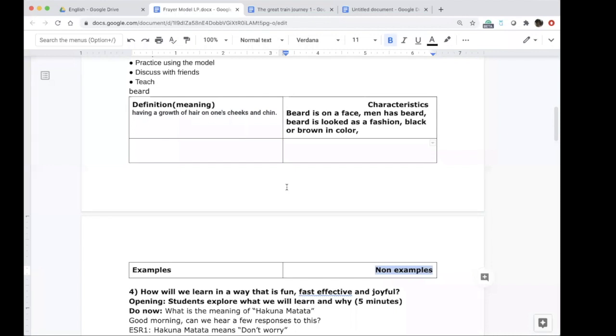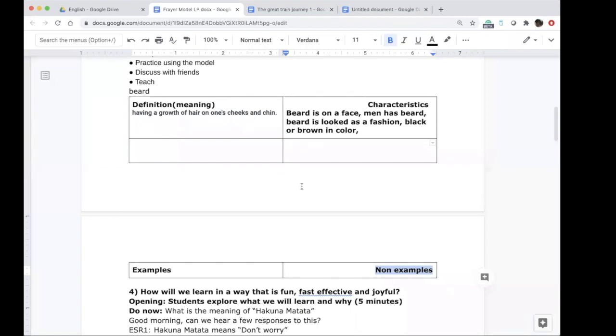Yes, yes, very good. So that's why we use the Freyer's model. Once we do the Freyer's model activity, it will help us understand the meaning of the word. It will increase our understanding of the word beard.